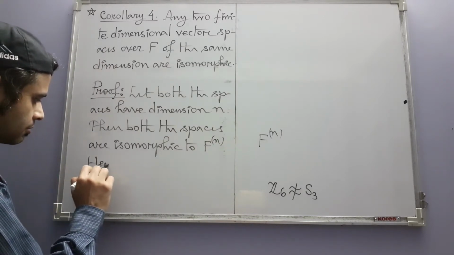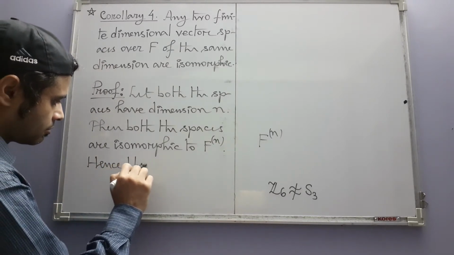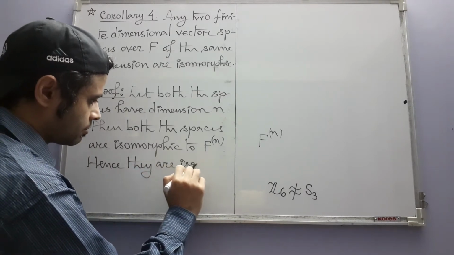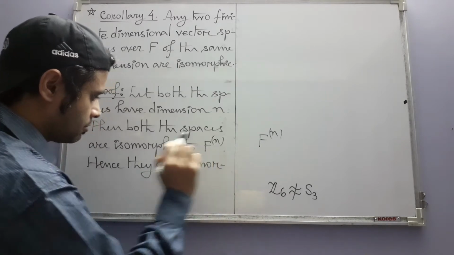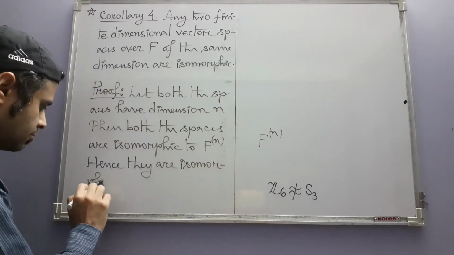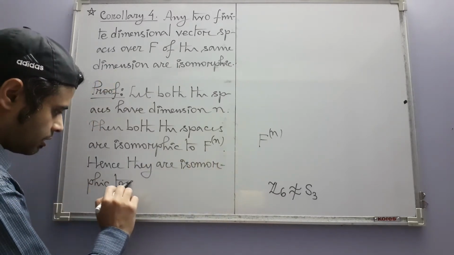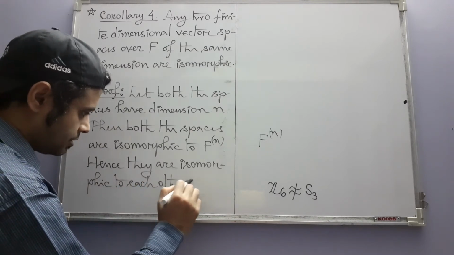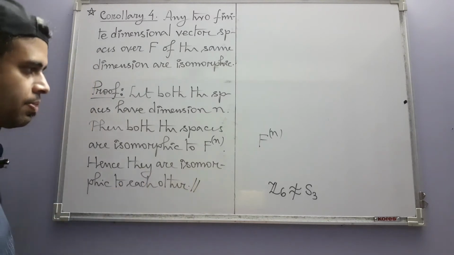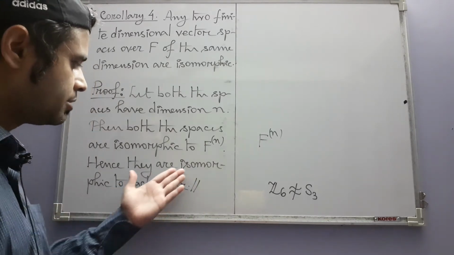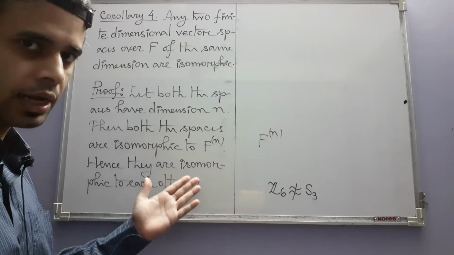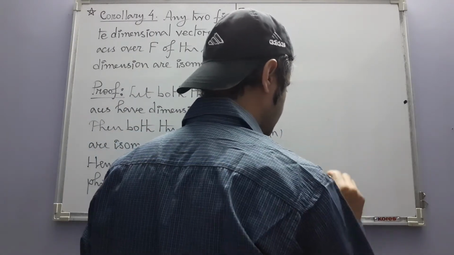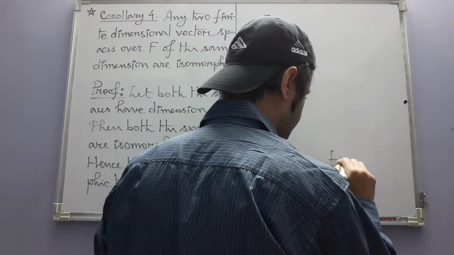Hence, they are isomorphic to each other. And this is just the proof. Now if we want to absolutely see what is going on behind this line, although it is something very easy, but still, then this is what is going on.